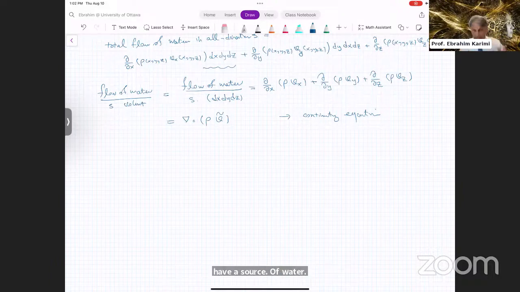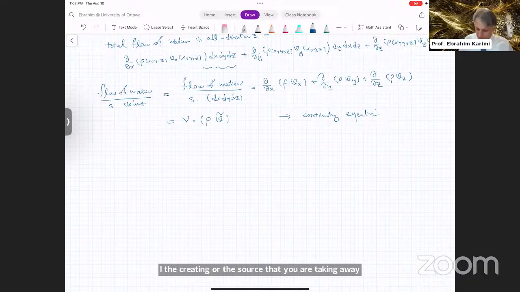So divergence will tell you what is happening with the source, either creating or taking away. An example of this in physics is that the divergence of B is equal to 0. So what does it mean?